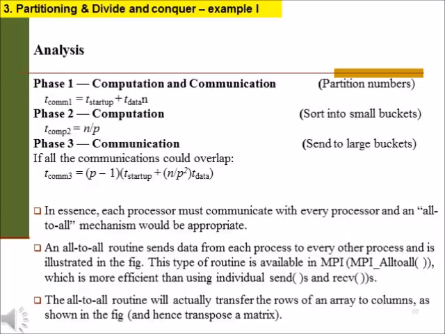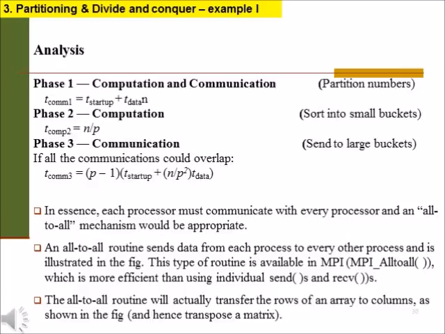To separate each partition of n/p numbers into p small buckets requires the amount of time shown by the formula under the label phase 2. Next, the small buckets are distributed. There is no computation in phase 3. Each small bucket will have about n/p² numbers, assuming uniform distribution.